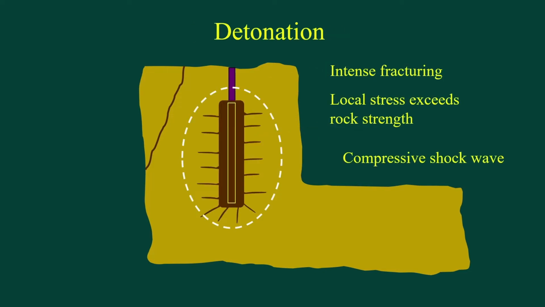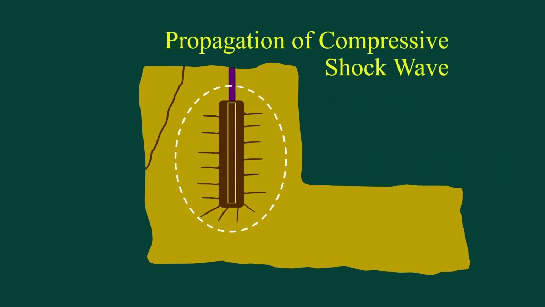So our explosive is detonated, and the first thing that happens is intense fracturing takes place in this brown zone here, where the local stress exceeds the rock strength. And at the same time, a compressive shock wave, that's the white dotted lines, starts to be propagated.